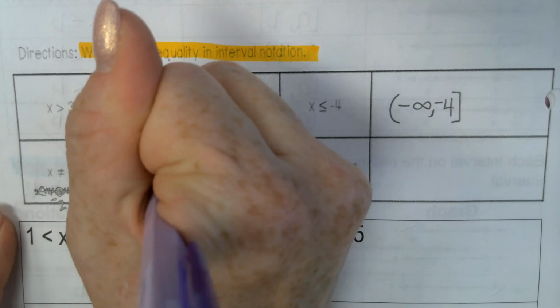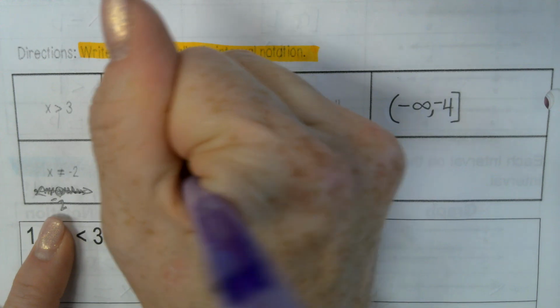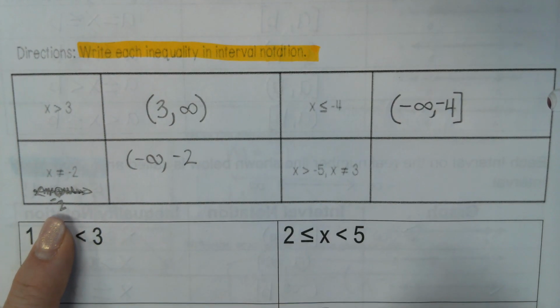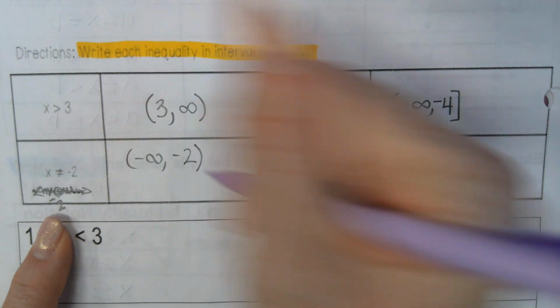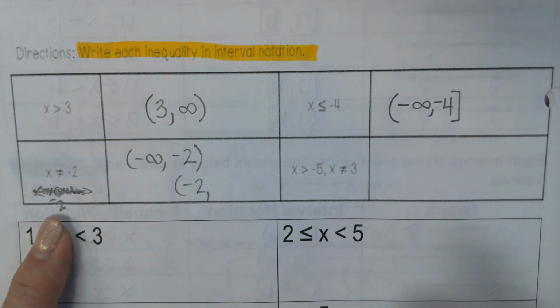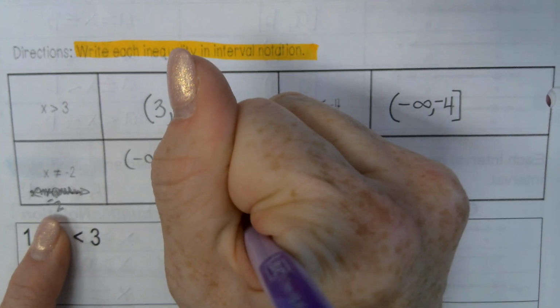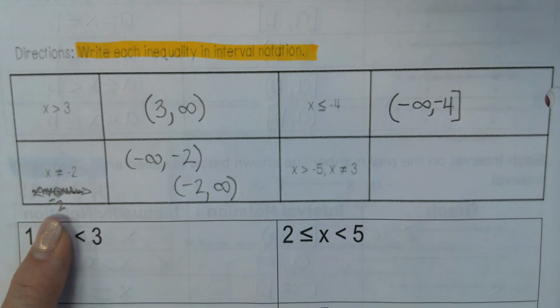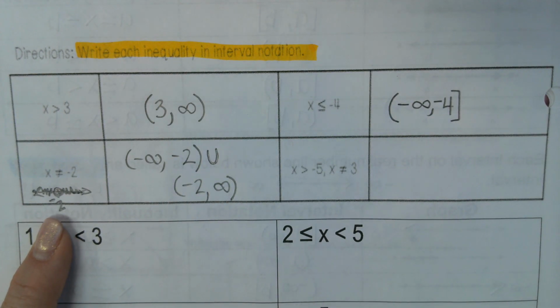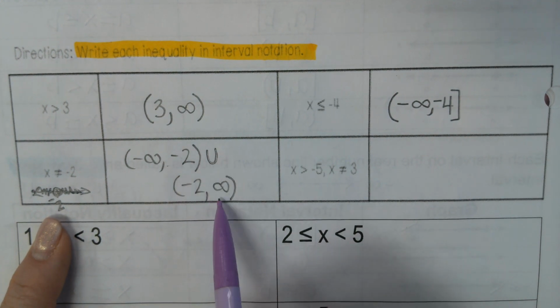So it's coming from negative infinity, and it stops at negative 2. Is negative 2 included? Nope. Then I will pick up on the other side of negative 2, and it goes on forever. Because I have 2 or more things there, I'm going to put those together with a union.